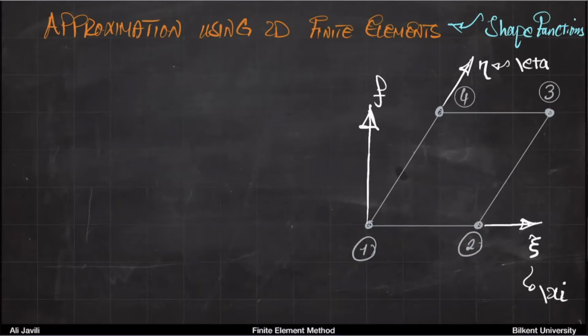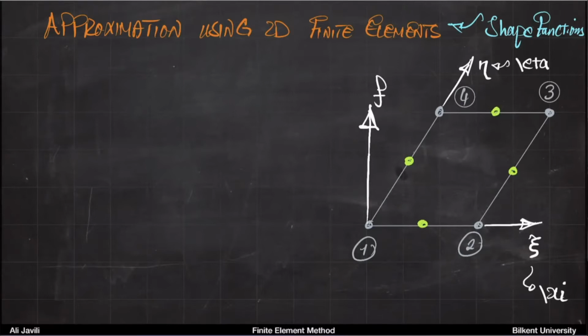Now for each of these, you have a value given at those points. At 4 different points, you can have values. So let's think of it this way. For instance, I know the value of the function at these 4 points.